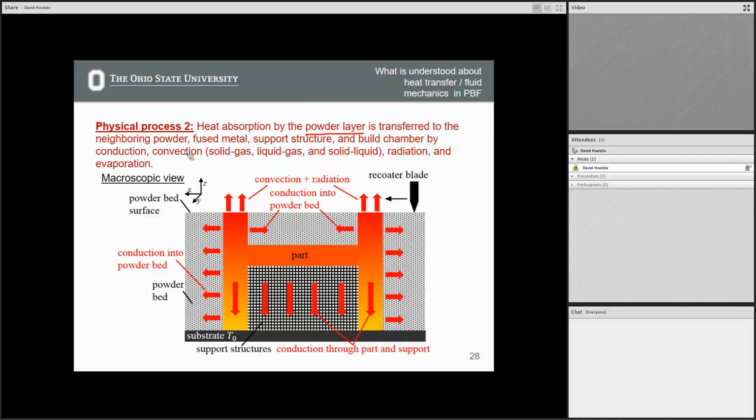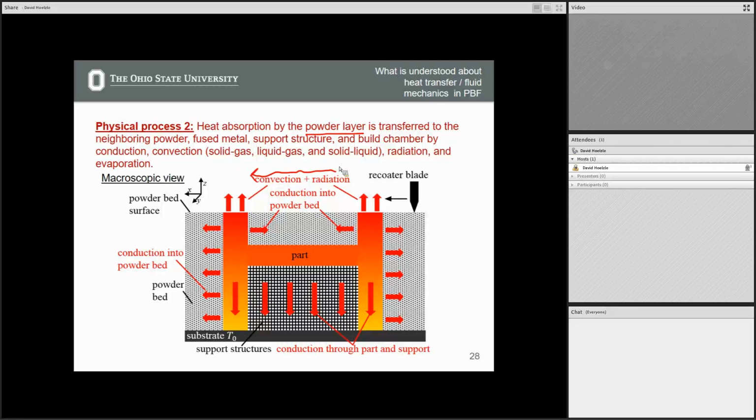So you have some sort of fluid, and this fluid is moving across the surface, and with that, it's carrying heat with the convective source. I've alluded to this before, and we'll talk about this a little bit more carefully, maybe today, maybe on Thursday, but we have a flow of argon gas across this top surface, basically to carry the spatter and any smoke that comes off the process away from the top belt surface.